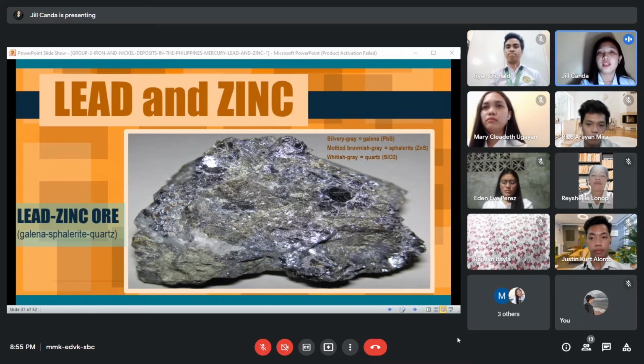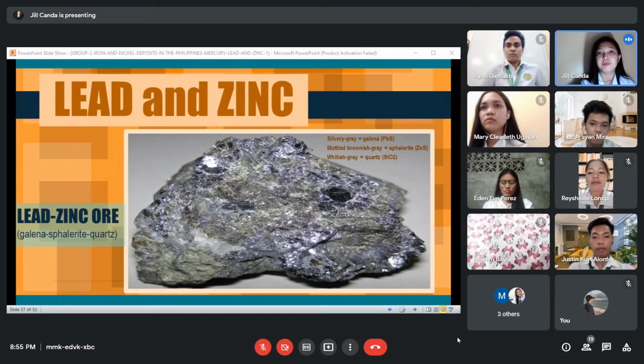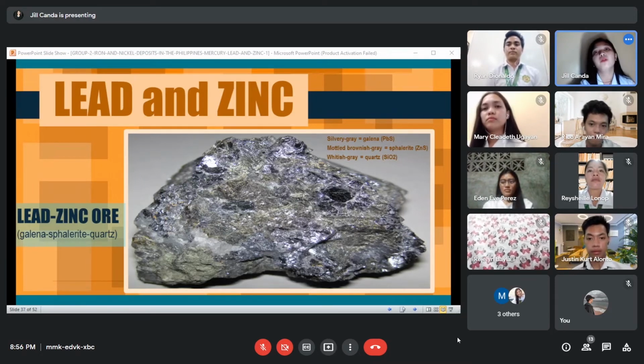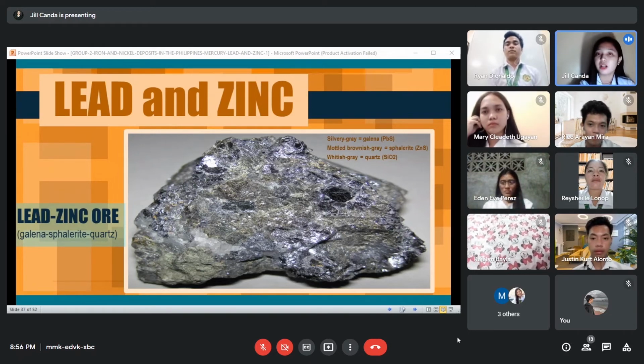The silver gray there is galena, sometimes called lead glance, which is the natural mineral formed from lead sulfide, and it is known to be the principal ore of lead. The other one is sphalerite, also called zinc blende, blackjack, or rubyjack, which is the natural mineral formed from zinc sulfide and has been described as having a mottled brownish gray color.